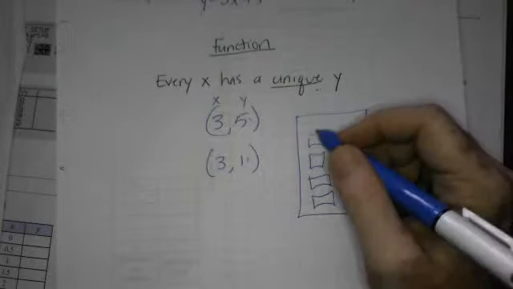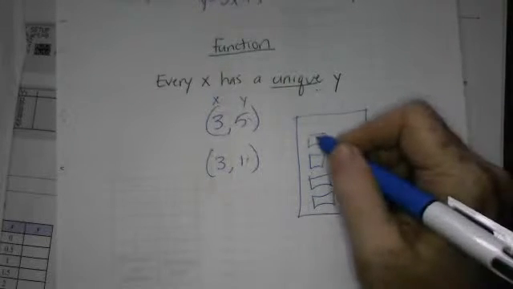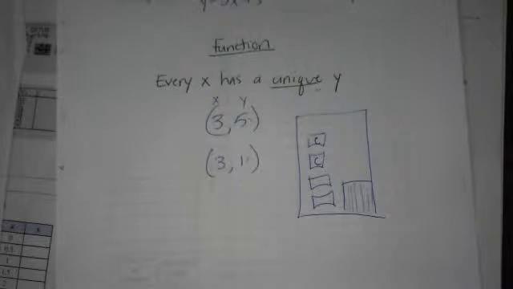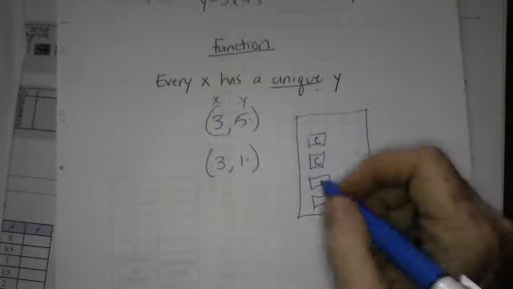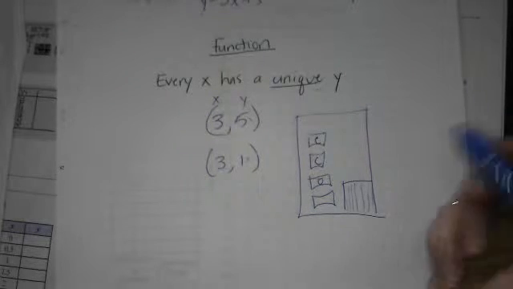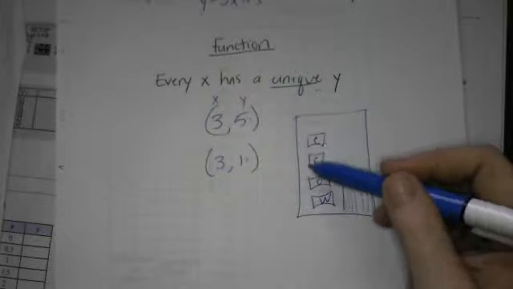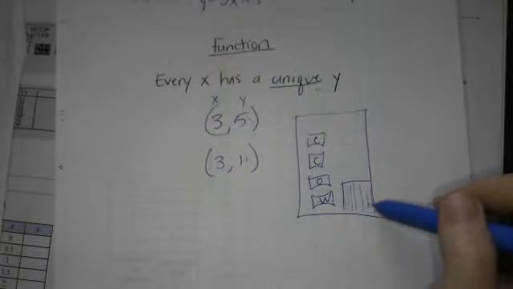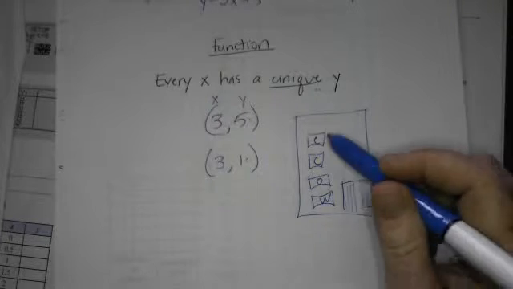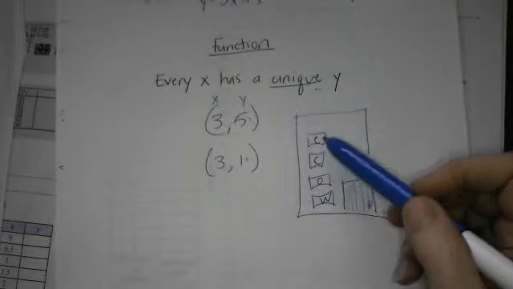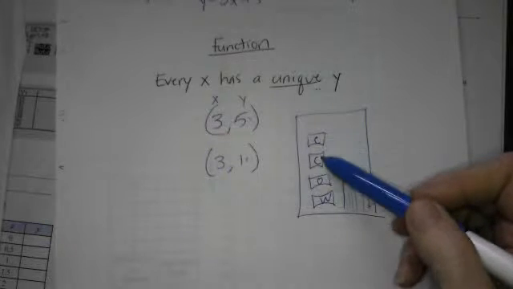Maybe your soda machine has Coca-Cola. Maybe there's 2 buttons for Coca-Cola because it runs out if they only put 1 button. And maybe there's orange drink and water. So the inputs are the buttons and the output is what comes out of the machine when you push the button.